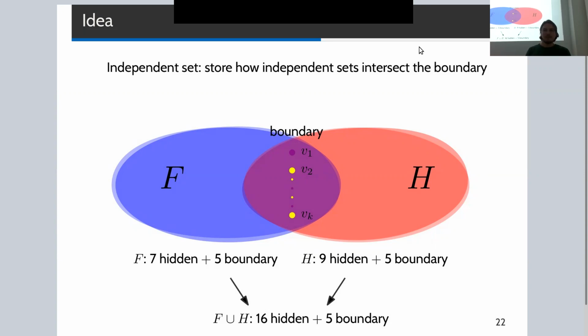Then in the join step, you can aggregate this in the way you would usually do. You keep the same 5 from the boundary, and you just sum up the counts for the hidden vertices. And we did this in great detail when we computed it the first time manually. And I hope this intuition here reminds you of what we did there.